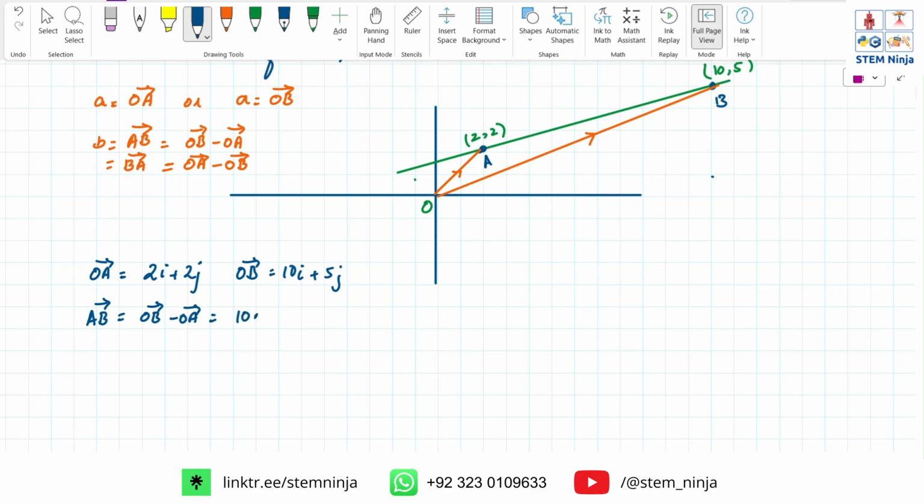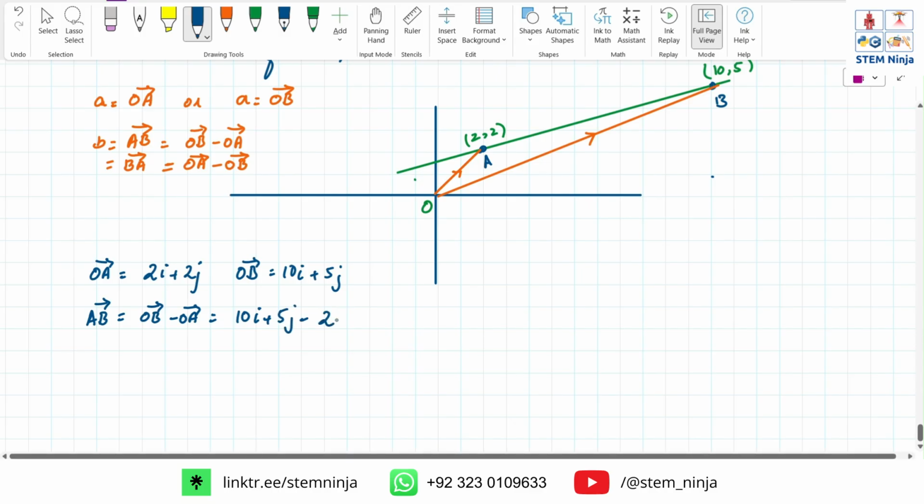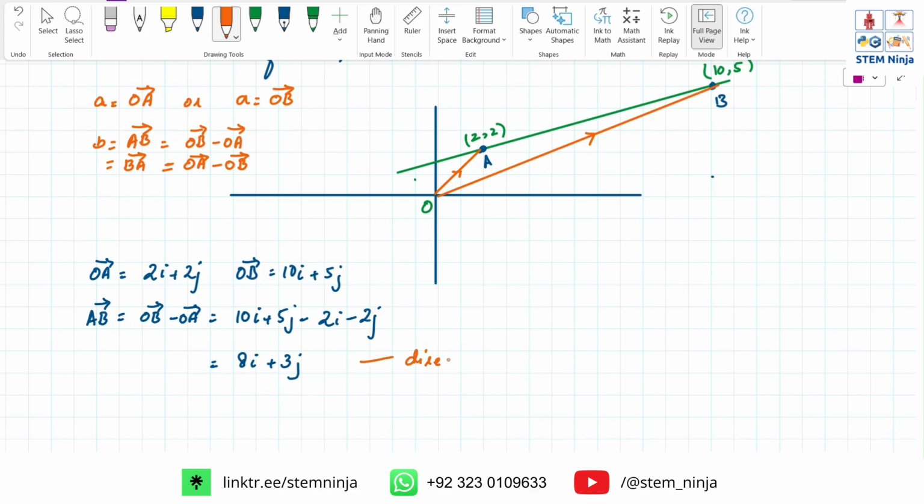So 10i plus 5j minus 2i minus 2j. This would become 8i plus 3j. And this is our direction vector. And any one of them could be our point on the line.